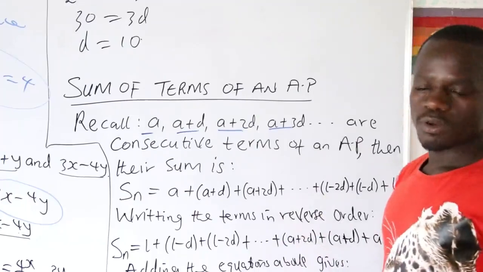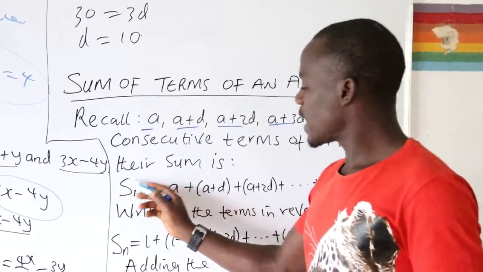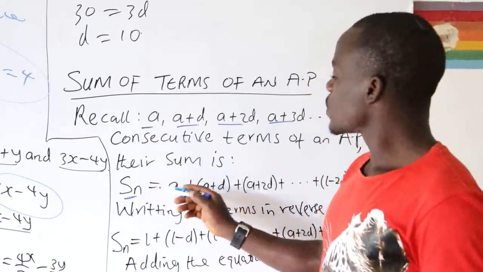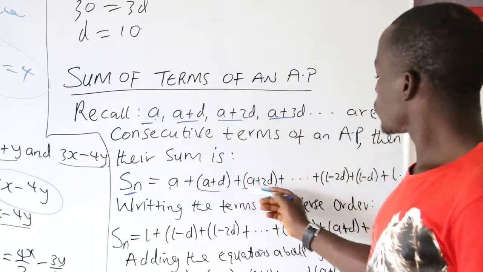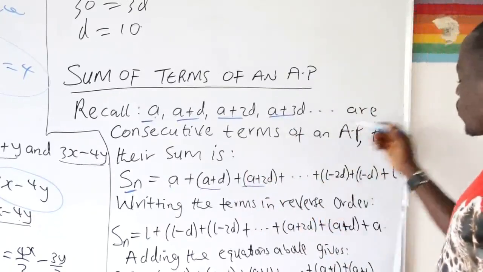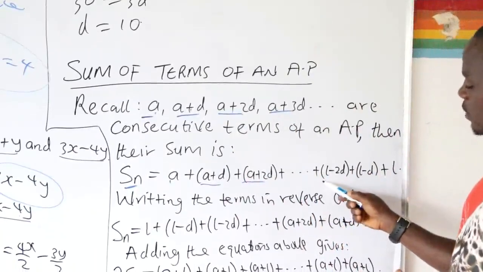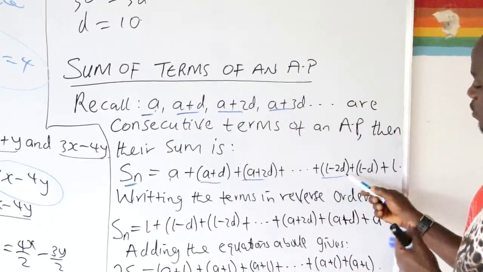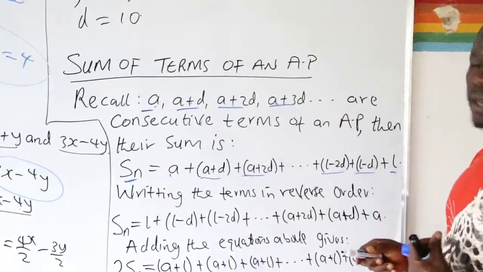Then their sum, which we know is just to add, isn't it? If we denote the sum as Sn, then it means we add A plus (A plus D) plus (A plus 2D) plus (A plus 3D) until we get to the last one, and the third to the last value will be L minus 2D, then L minus D, and then L, where L is the last term, remember?